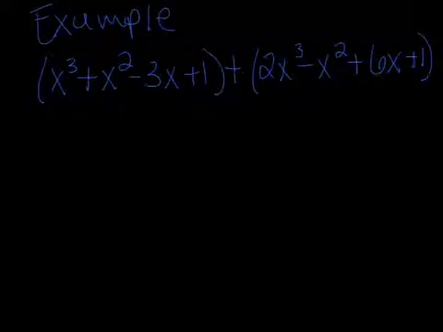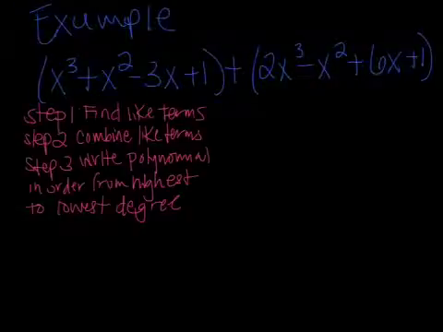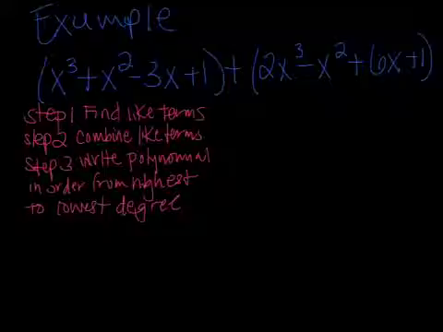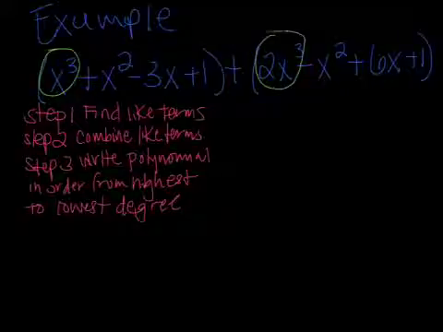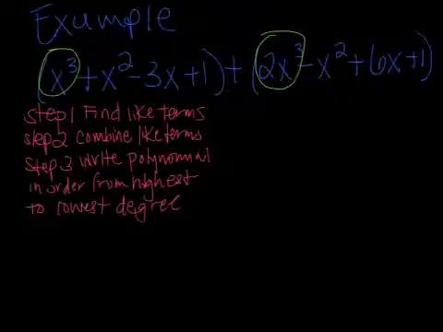Let's try another example together. Remember, step 1 tells us to find like terms. So here we have positive x cubed. Here we have a 2x cubed. Here we have a positive x squared.